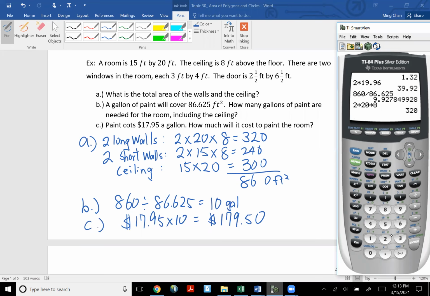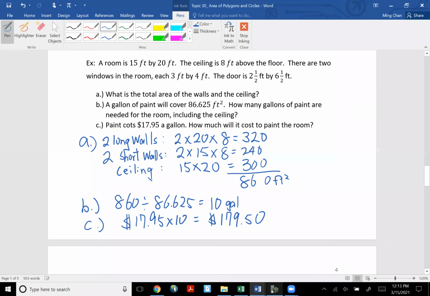Okay. Let me make sure I do my computation right. All right, 40 times 8, 320. Yep, 15 times 20. Okay. So what I messed up here is, even though this is the total walls, I forgot to exclude your windows and your doors. Okay.